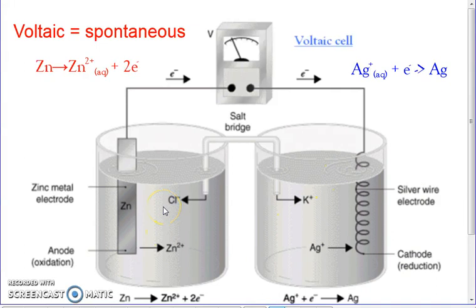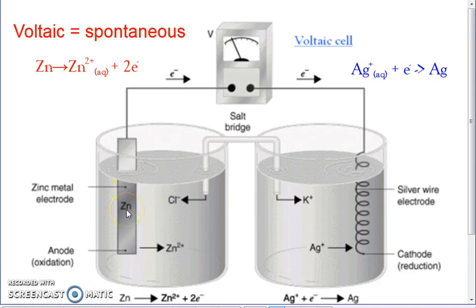The anode side is the element that is higher on Table J than the other one. So if you look here, we have two elements, two electrodes. One electrode is the zinc electrode. The other electrode is the silver electrode. Because zinc is higher on Table J, zinc will be the anode, silver will be the cathode.